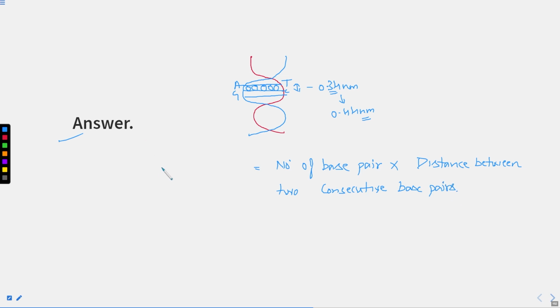Okay, this is clear. This is how we calculate the length of the DNA.